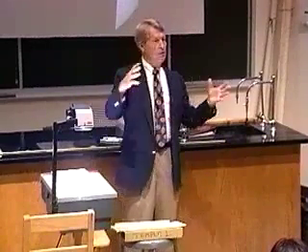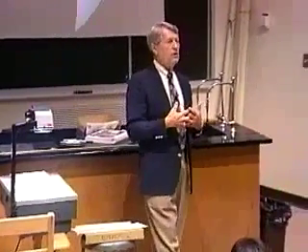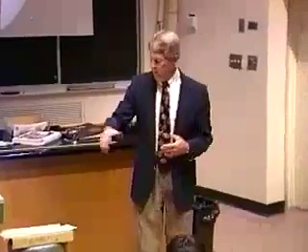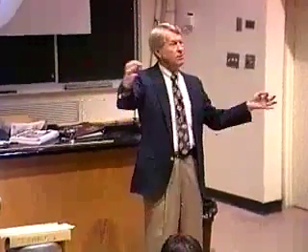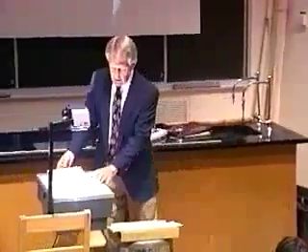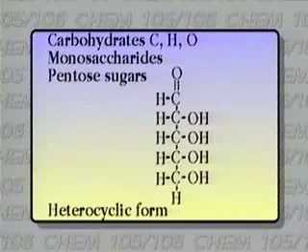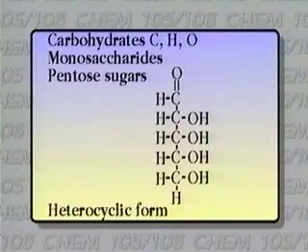Now, even though we can draw the molecule in a linear form, and even though it does exist occasionally in the linear form, by that I mean that the carbons are all hooked up in a line, more frequently in nature we find the pentose sugars, and actually most of the sugars, in what we call a heterocyclic form rather than in a linear form.